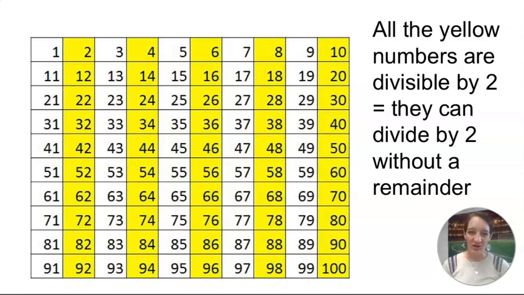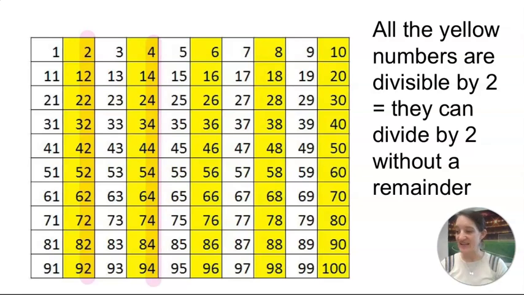If you look at it, you have 2, 4, 6, 8, 10, 12, 14, 16, 18, 20. We definitely see a line of yellow, a line of yellow, a line of yellow, right? There's a line going down. So we could notice that if it ends in a 2, then we know it's divisible by 2. If it ends in a 4, then it's divisible by 2.